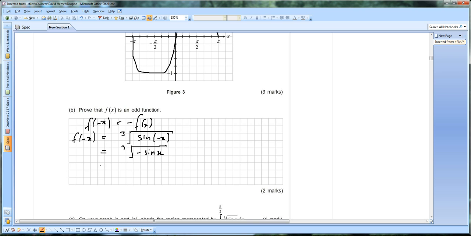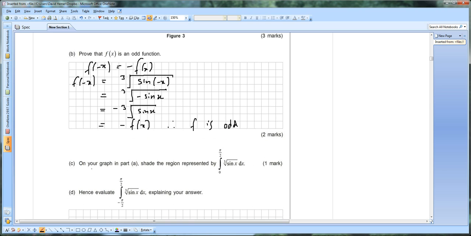And the cube root of a negative number is going to be negative the cube root of sine x. And that, of course, is equal to then minus f of x. Therefore, f is odd.